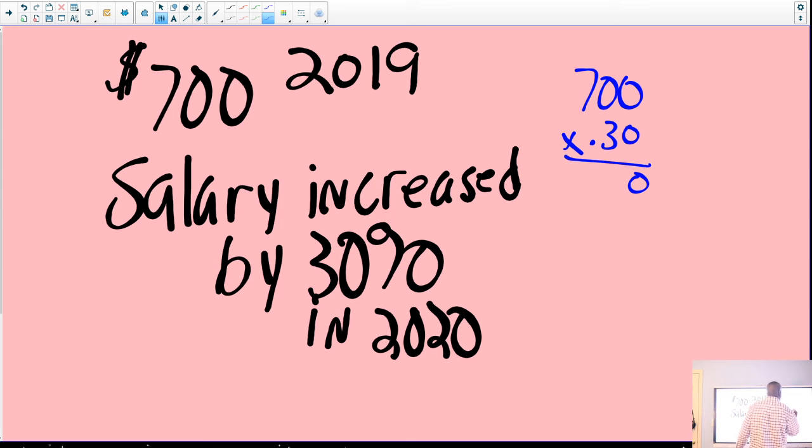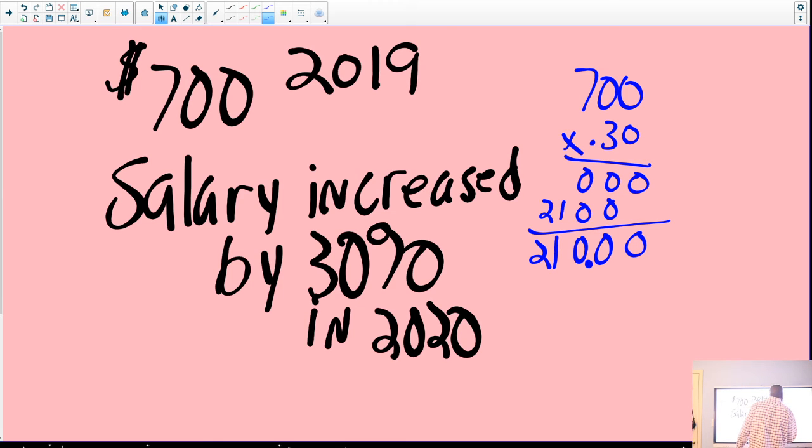That'll be 21, and then you have 2 decimal places. How much did the salary increase? His salary increased by 30%. His salary went up $210.